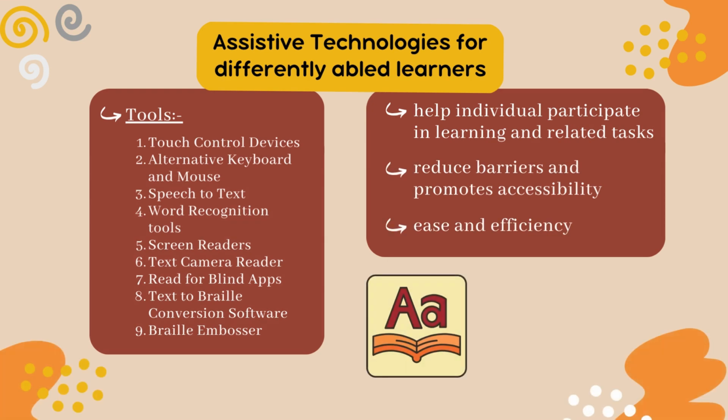For differently abled learners, assistive technology is available. Technological tools such as touch control devices, alternative keyboards and mouse, speech to text, word recognition tools, screen readers, text camera reader, read for blind apps, text to braille converter software, and braille embosser are there to aid in reducing, if not eliminating, the disability and help the individual participate in learning and related tasks, reducing barriers and promoting accessibility with considerable ease and efficiency which otherwise might not have been possible.